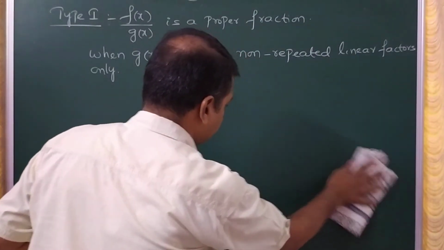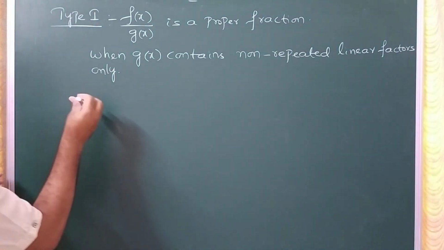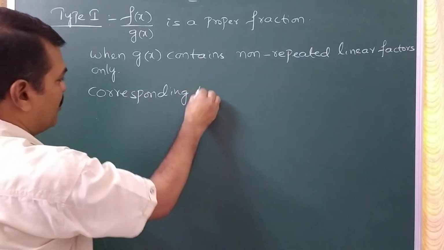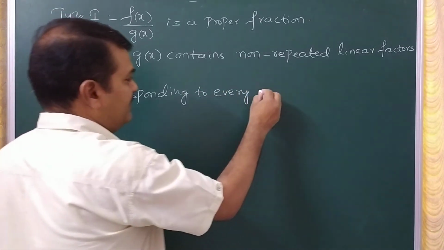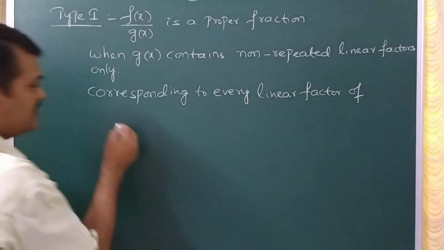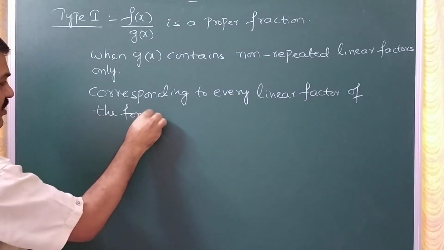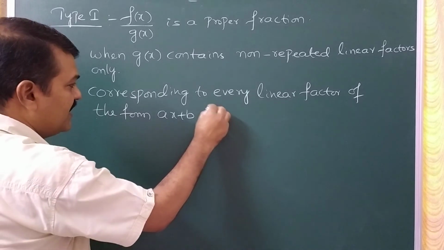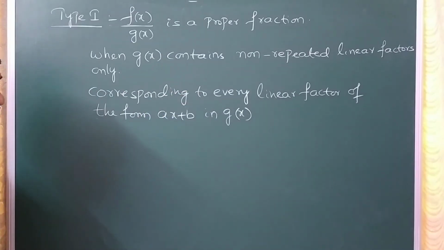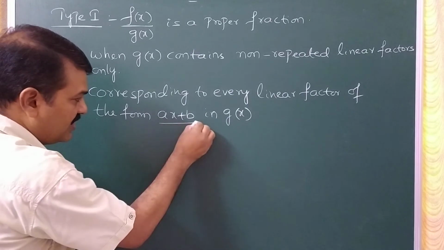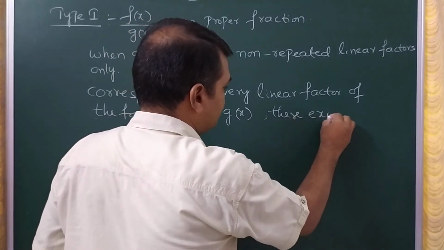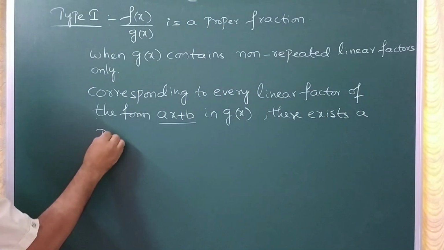Now I will just write it. So corresponding to every linear factor of the form ax plus b in g of x, g of x meaning the denominator of the polynomial fraction, there exists a partial fraction.